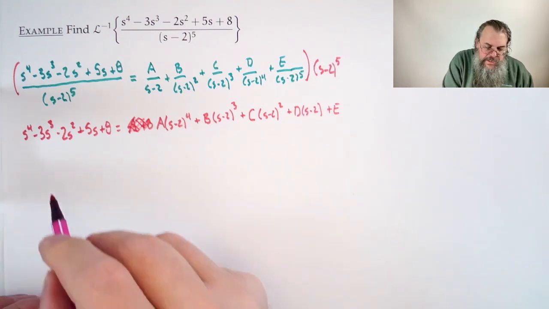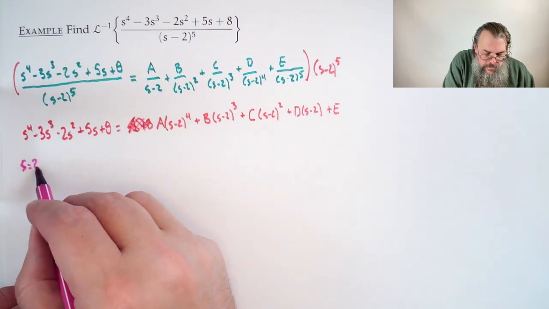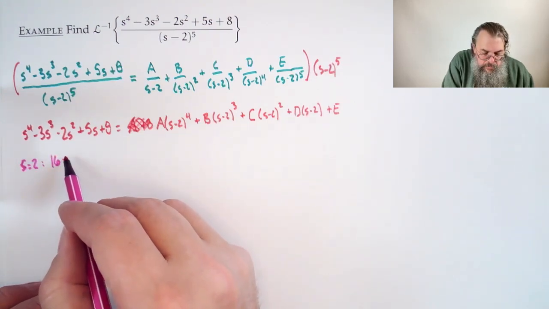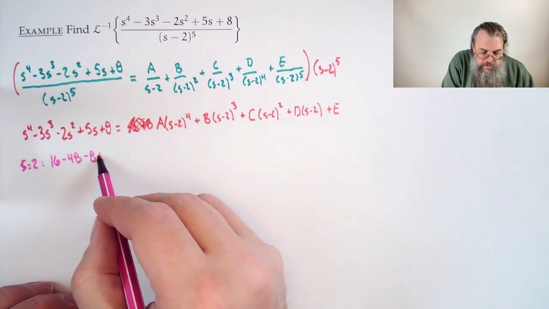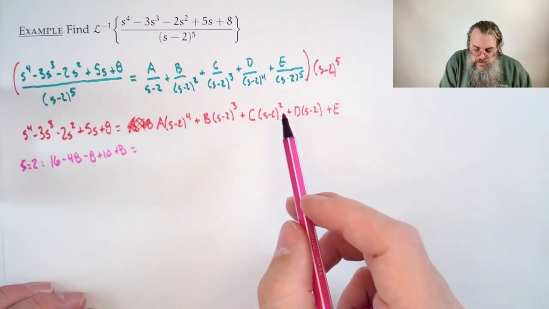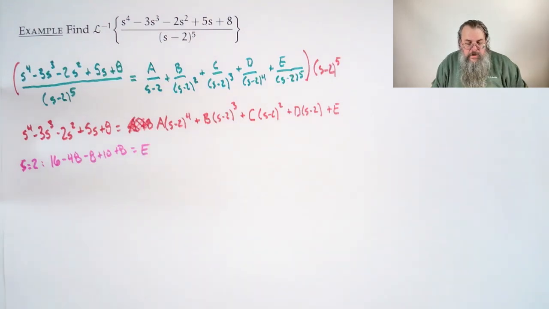Namely, plug in s equals 2. We'll get 16 minus 48 minus 8 plus 10 plus 8 equals 0, 0, 0, 0, e. All right, so there we go.